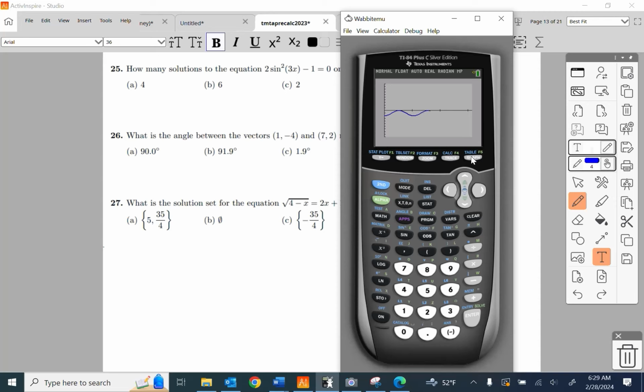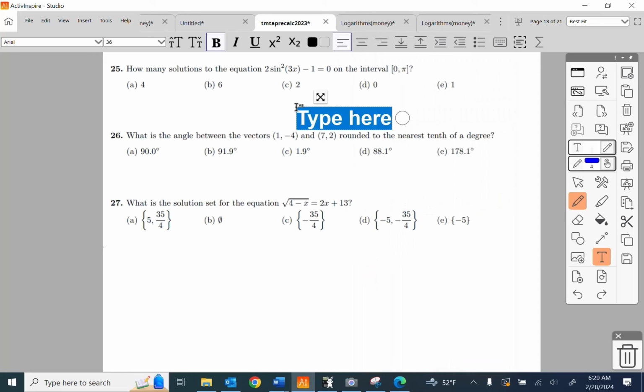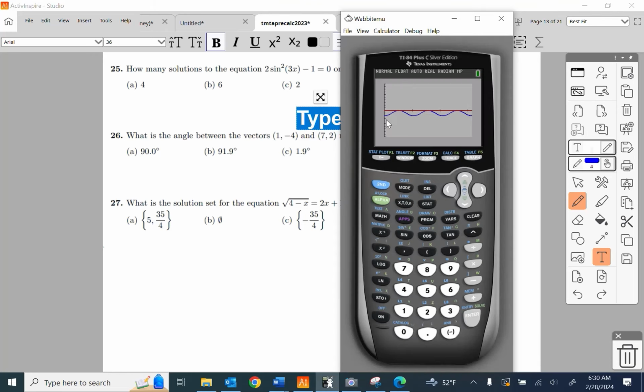There's 1, 2, 3. Looks like 3. They got a 6 there, though, don't they? Let's play with the window a little bit. Let's change the y min to be 0, or actually just negative 1.